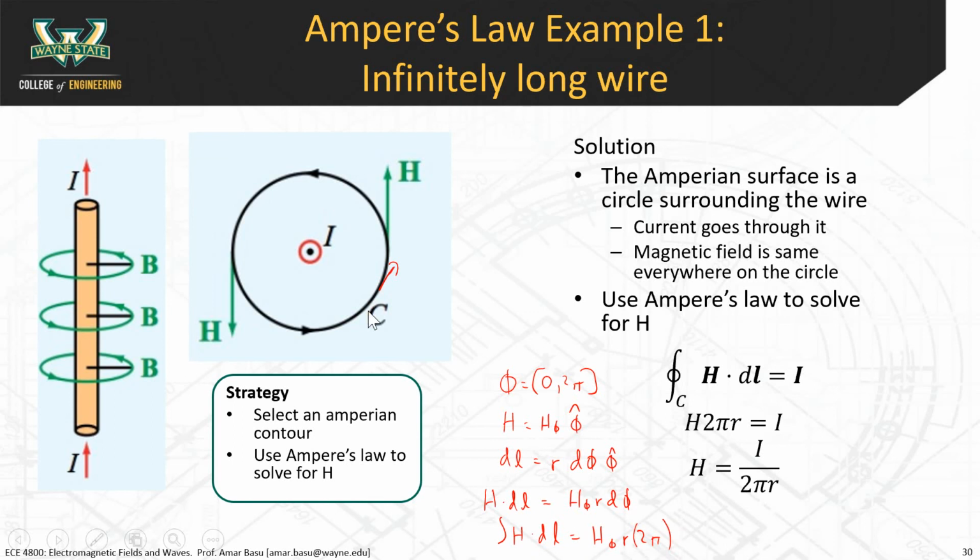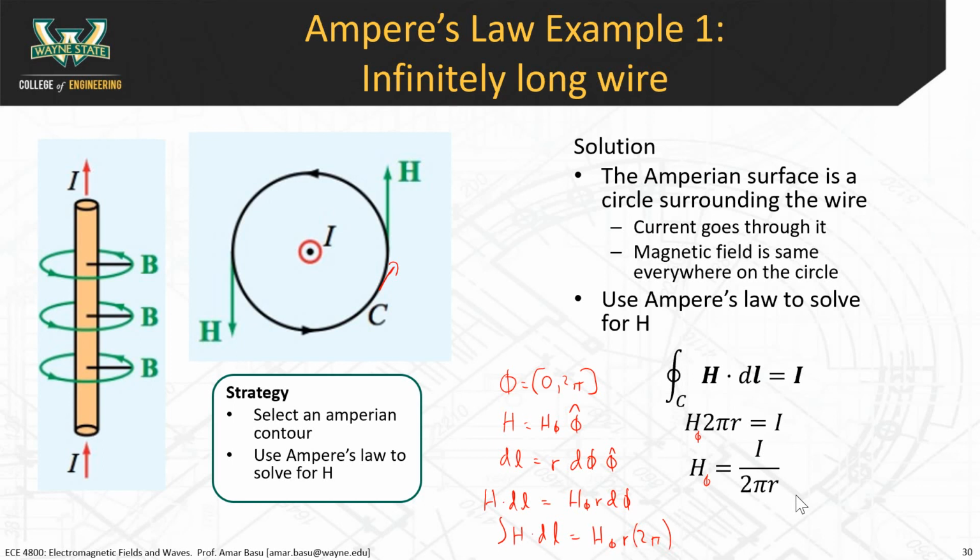All we did was a line integral going all the way around the circle. So you get H times 2 pi r is equal to the total current, and then you solve for the magnetic field. The phi component of your magnetic field is equal to I over 2 pi r. That's much, much easier than the long derivation that we did earlier.